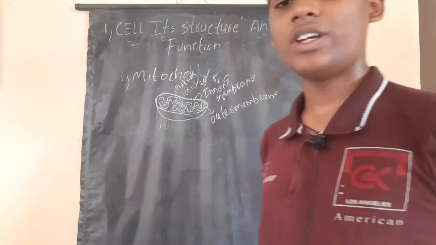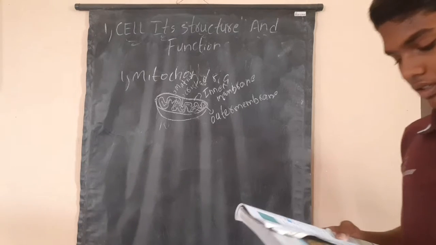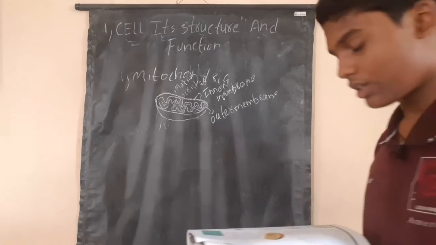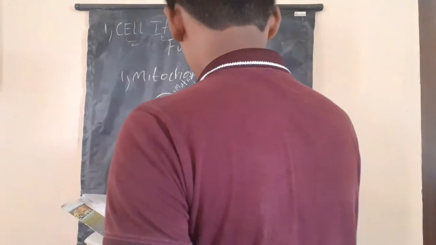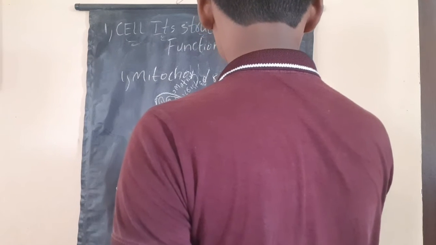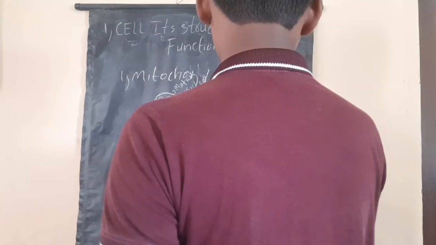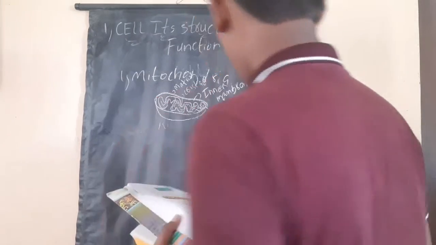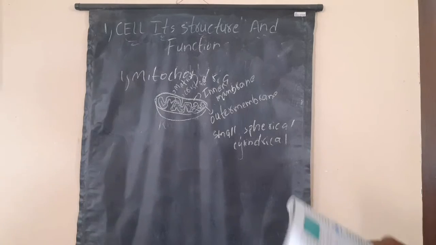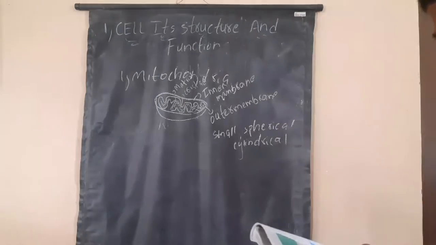Now let us see detailed information about mitochondria. It is a small spherical and cylindrical organelle.